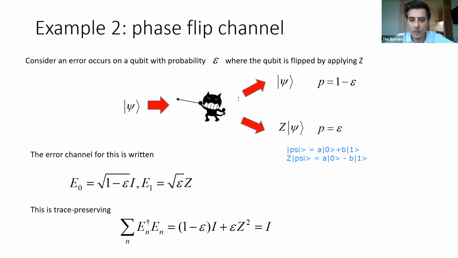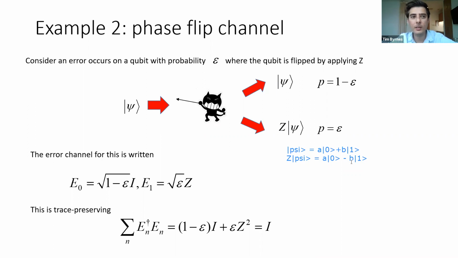So when this error happens, it changes the sign between these two. And changing the sign is equally a kind of destructive error, if you like, as a bit flip error.